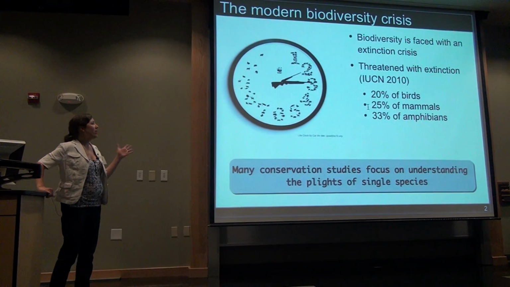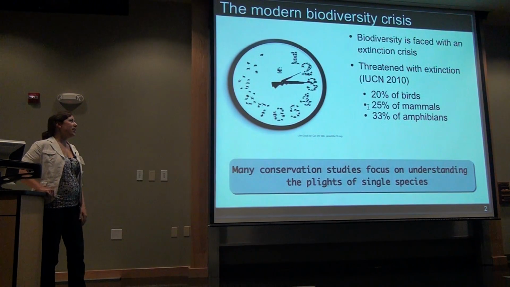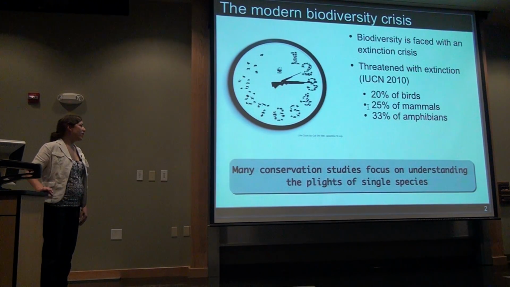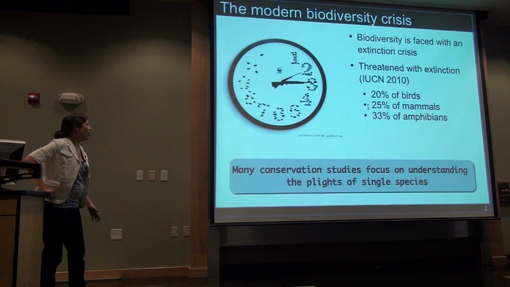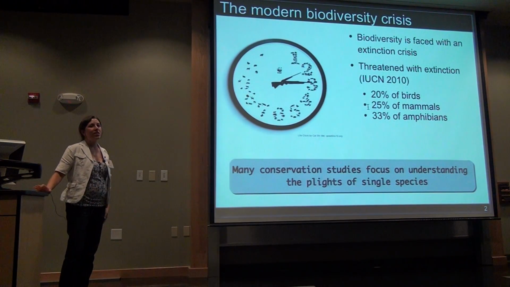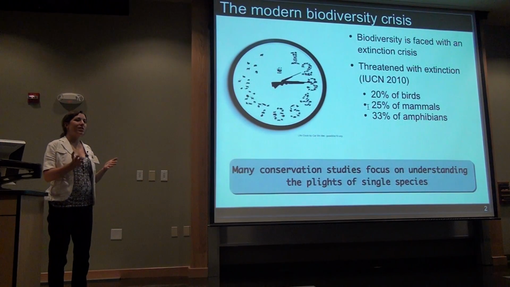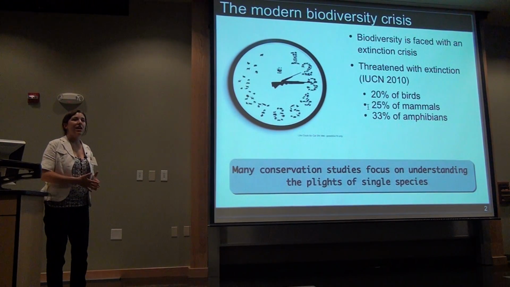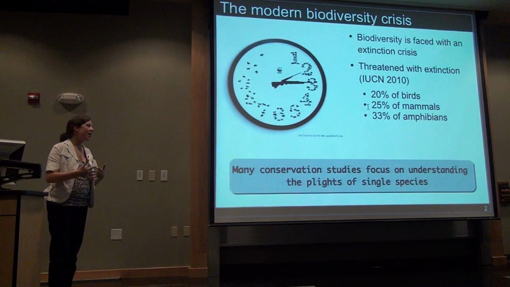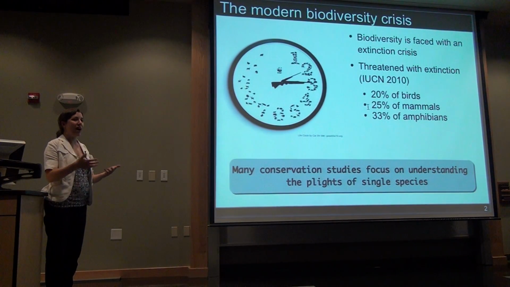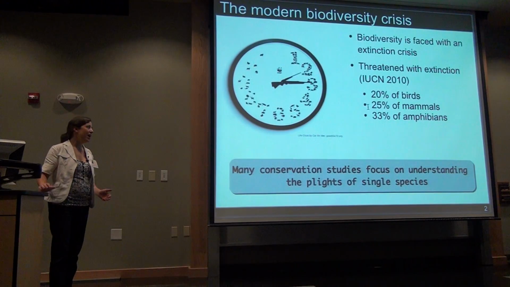And so time may be running out for a lot of biodiversity, and this is something that we as conservation professionals should be concerned about. However, traditionally, many conservation studies have focused mainly on understanding a single species' plight, what has been threatening it and what can we do to restore its habitat or take away the factors that have been leading to its demise.